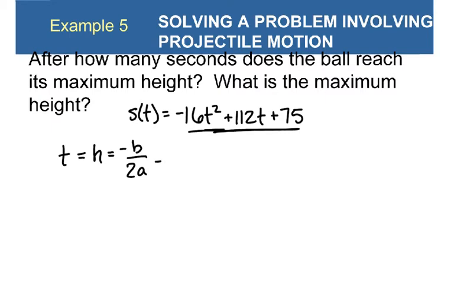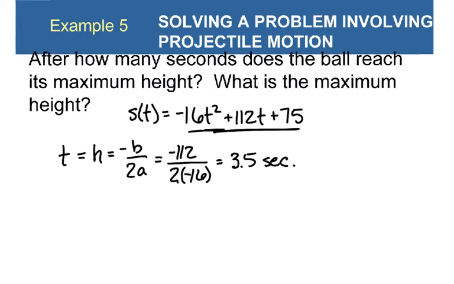Negative b is negative 112 over 2a, and a is negative 16. Reduce that, you get 3.5. So that answers our question: it's 3.5 seconds.